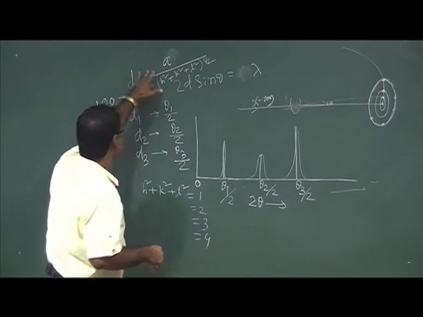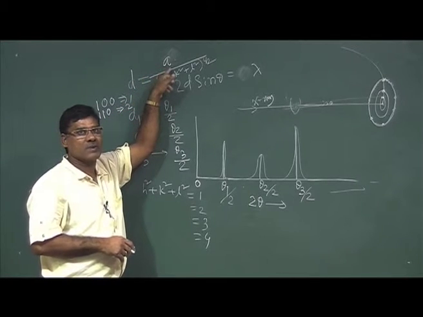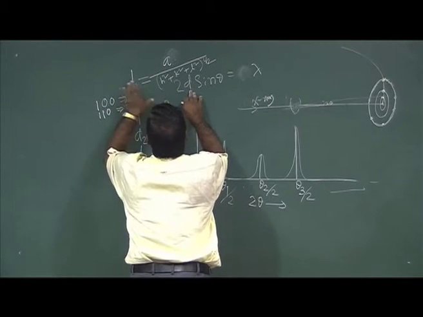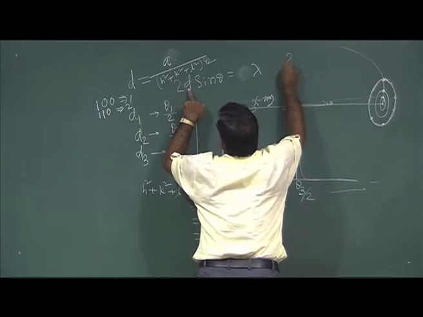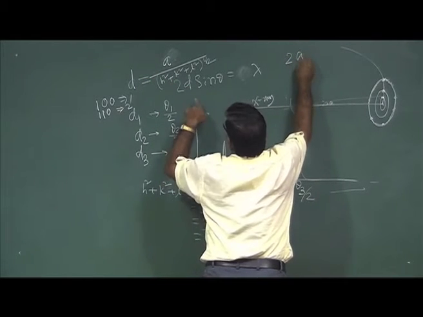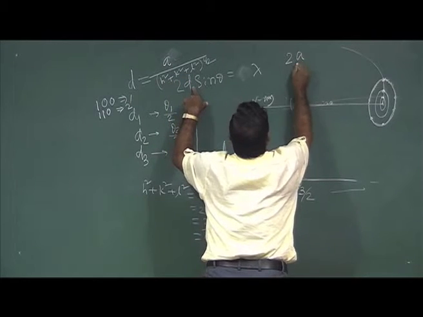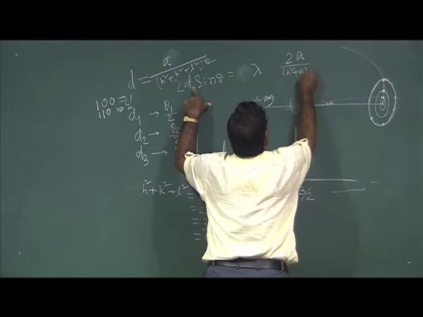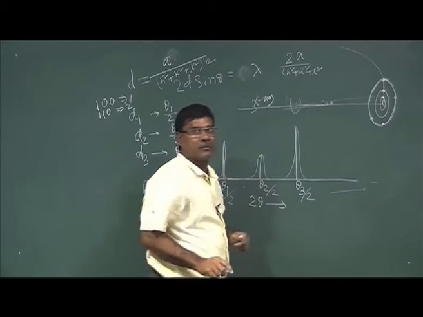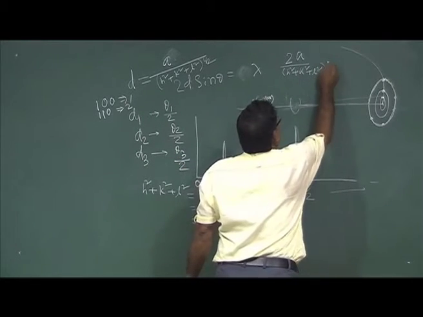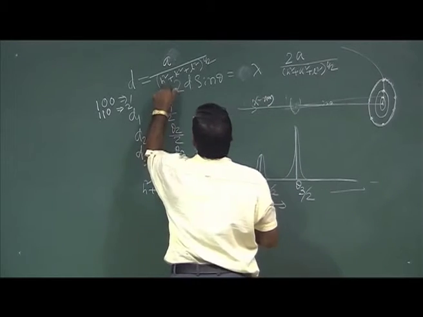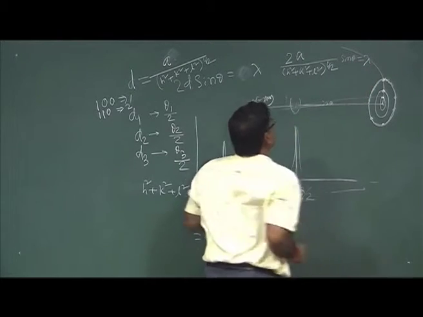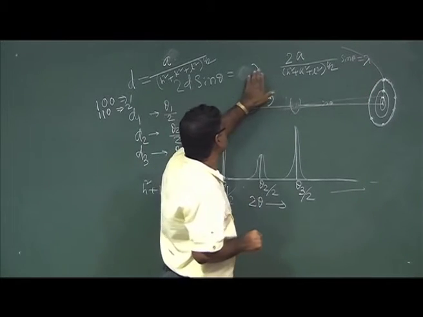So, from here, the a has to be constant, right. So, basically if I put this relation in place of d, what I am getting is 2a divided by the square root of h square plus k square plus l square, times sin theta equal to lambda, right.